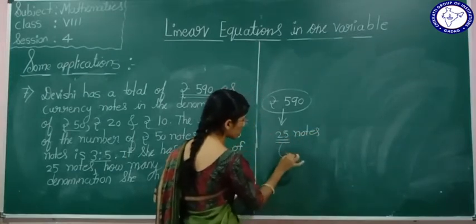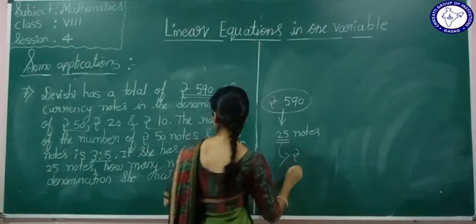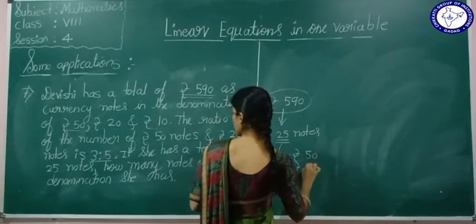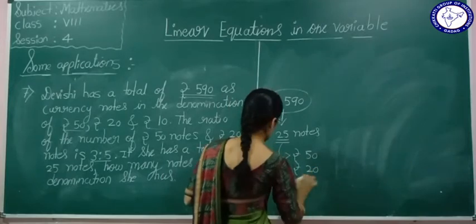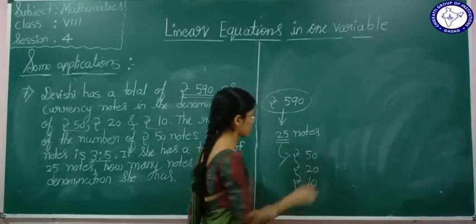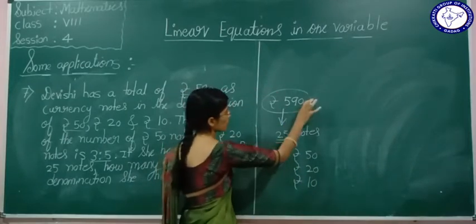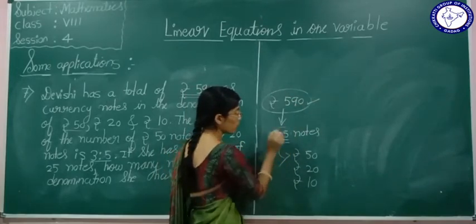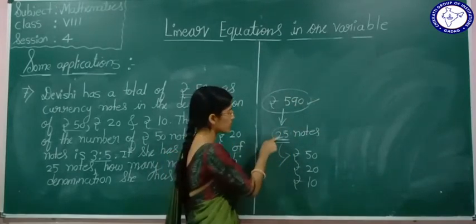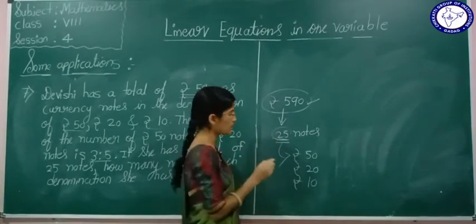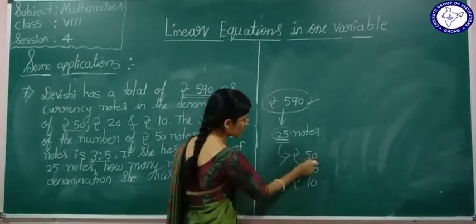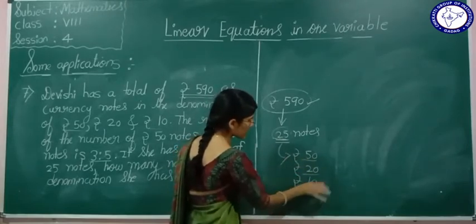In these 25 notes, some are 50 rupee notes, some are 20 rupee notes and some are 10 rupee notes. The total amount is 590. These 25 notes will contain 50, 20 and 10 rupee notes.